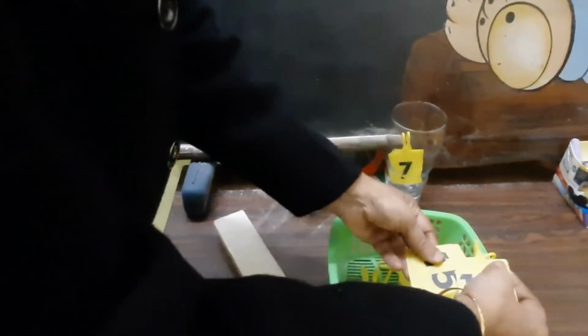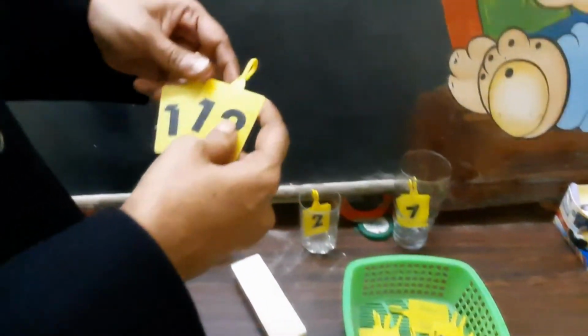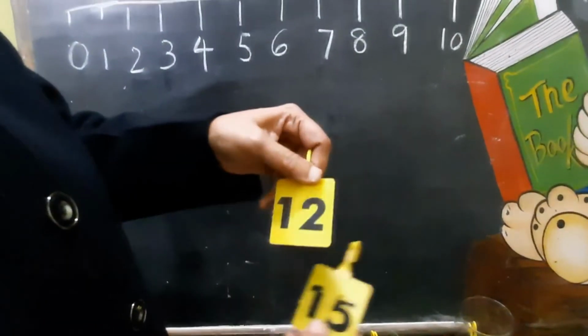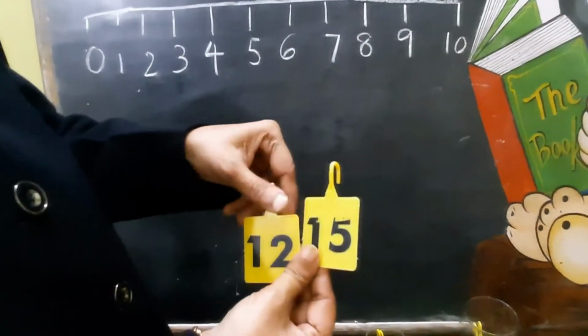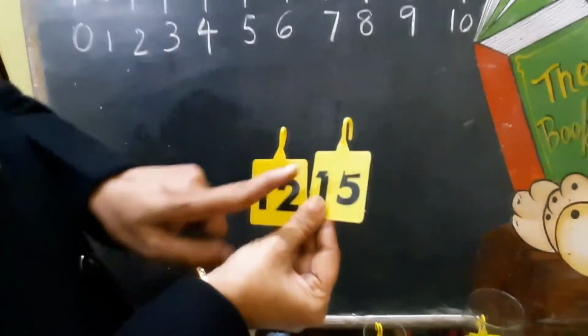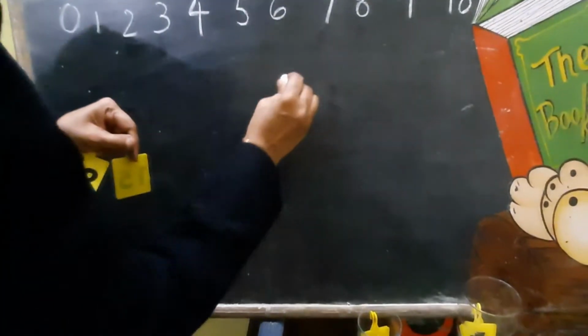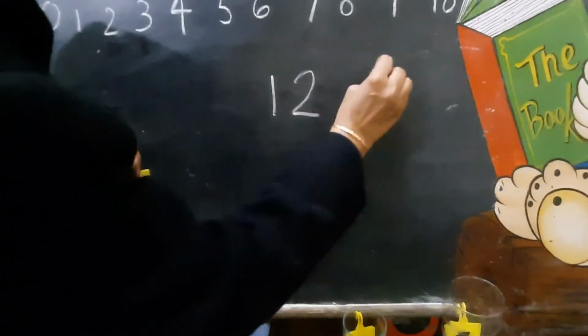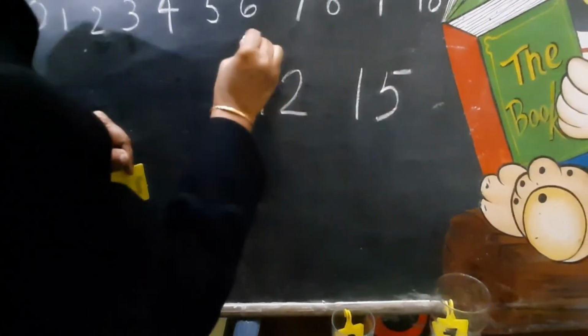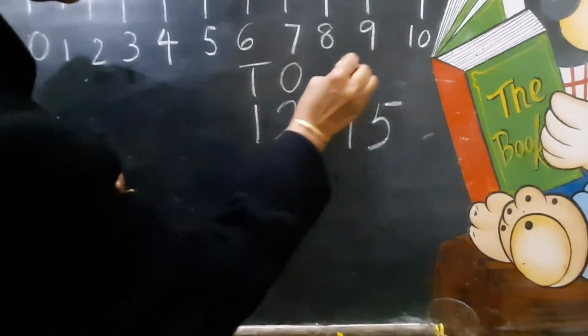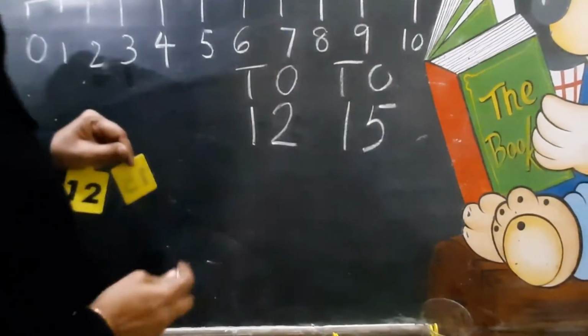Now I take 2 more cards. 12 and 15. Already I told you, you always write tens and ones.